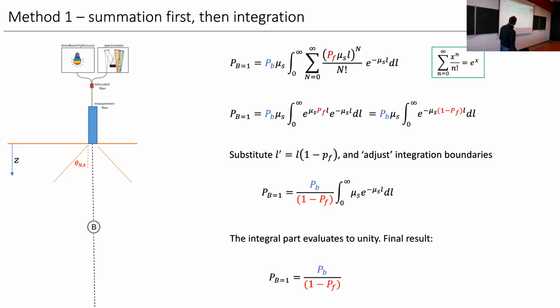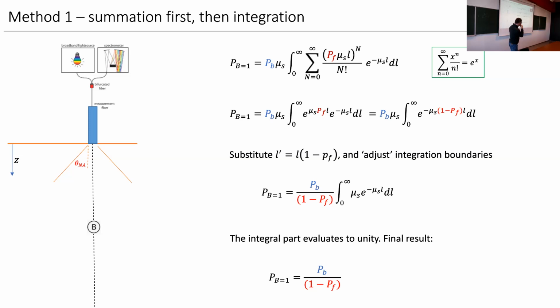So the end result is this: the probability of having n arbitrary scattering events, the single probability, divided by 1 minus p.